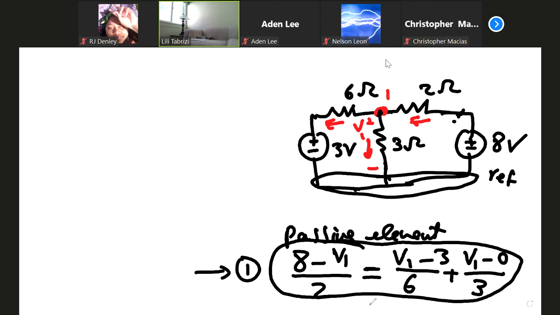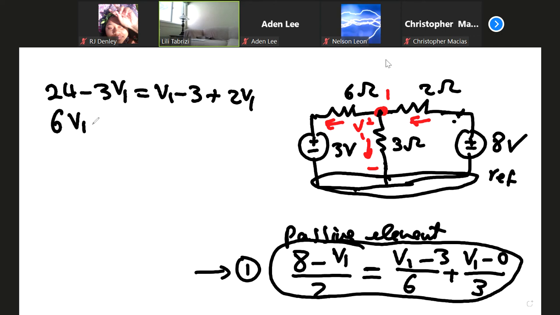Multiplying by 6, you get 24 minus 3V1 equal to V1 minus 3 plus 2V1. Put all these together: 3 plus 2 plus 1 is 6V1 equal to 27, moving the 3 to this side. V1 is equal to 27 divided by 6.